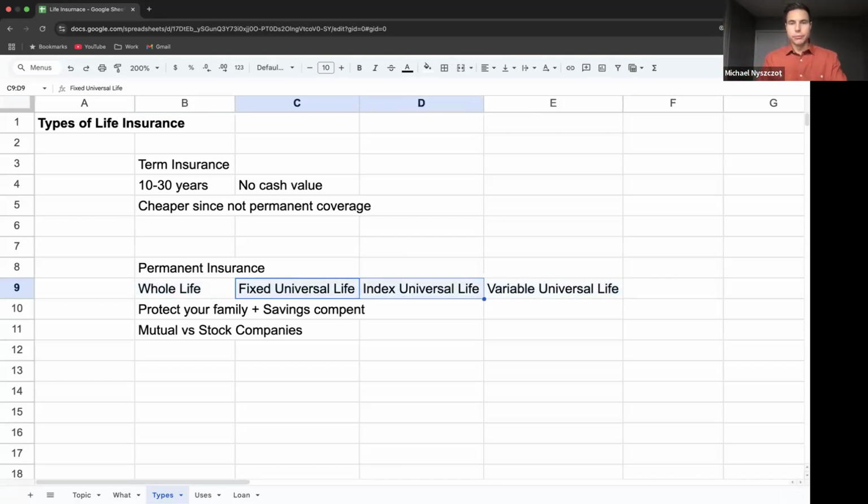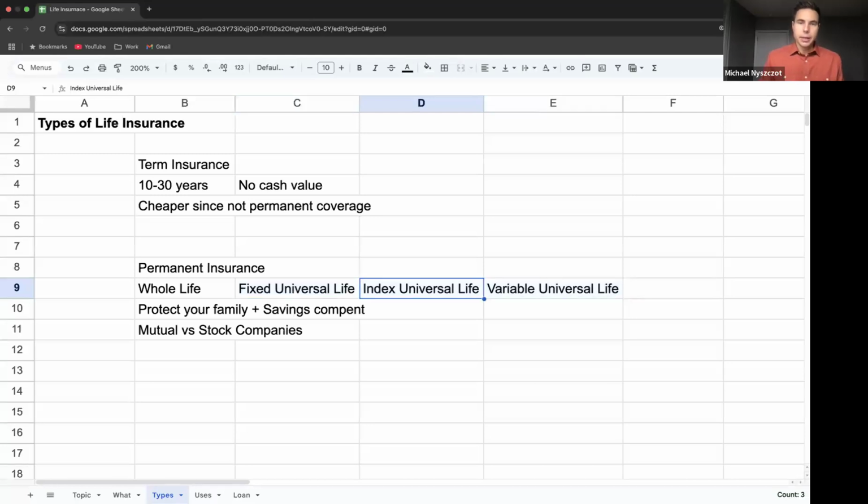Next are more of your flexible type of premium products. Those are your universal life products. These products came about in the 1970s, 80s, and 90s for index. In this example, fixed universal life usually has a credited rate that the life insurance company varies each month, quarter, or year.